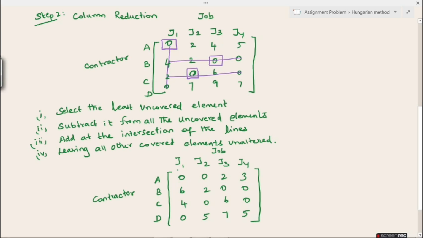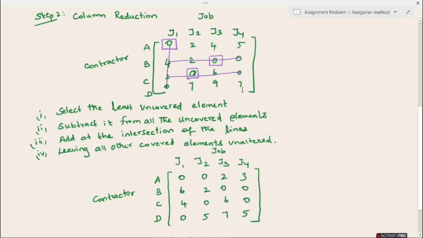Okay. So I repeat, in the matrix we have to consider the least uncovered element. The least uncovered element is this 2. So you have to subtract it from the rest of the uncovered elements. So that is 2 minus 2, 0, 4 minus 2, that is 2, and 5 minus 2, 3, and 7 minus 2, that is 5, 9 minus 2, 7, 7 minus 2, 5.